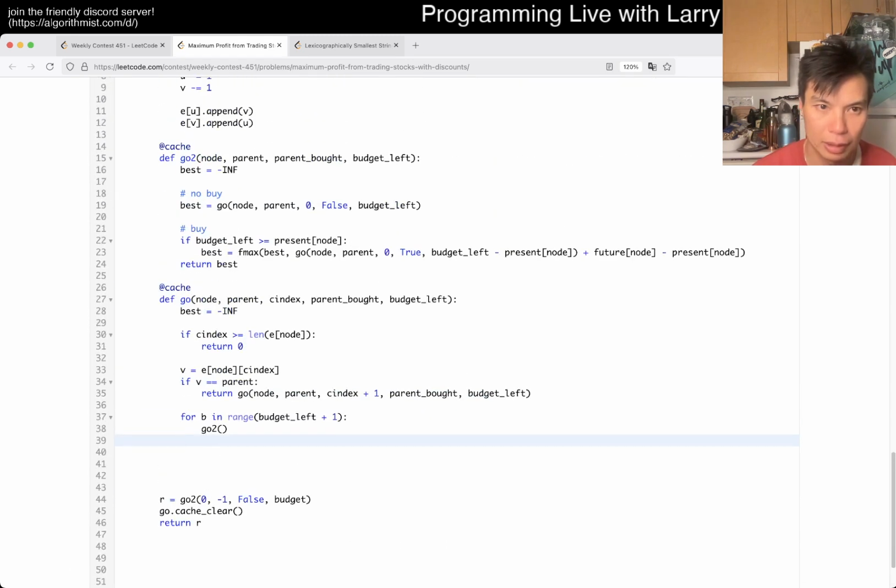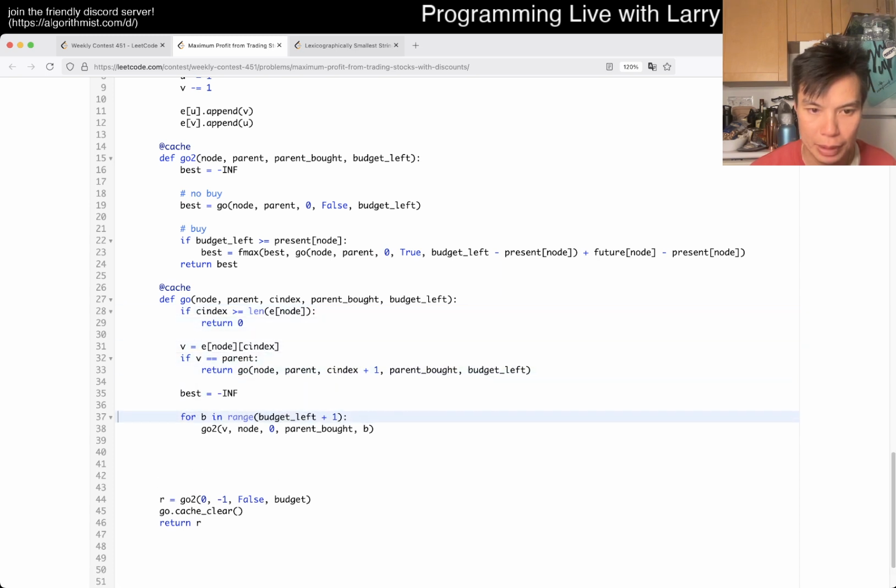Which is going to be, okay, so this is V node zero parent board. So yeah, this goes up to the parent board. Budget left. So B is the budget that we're giving it.